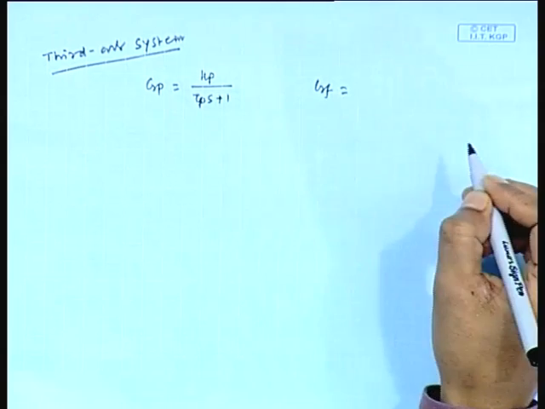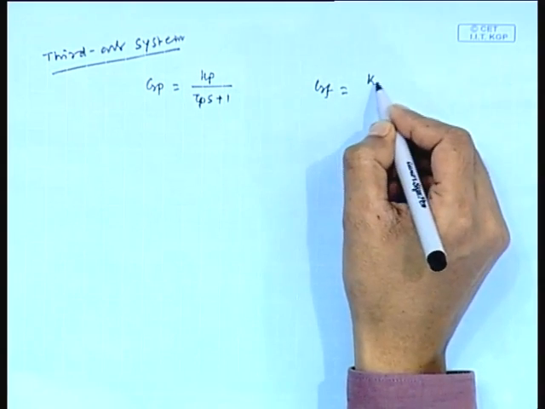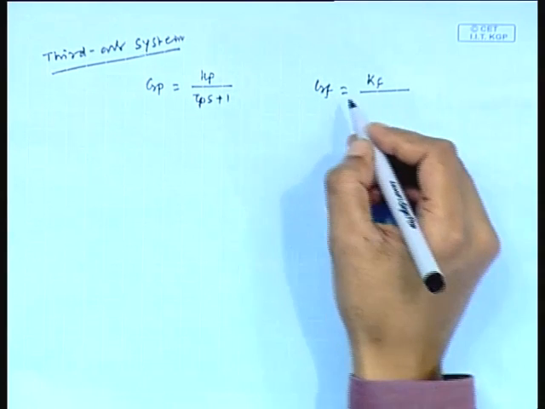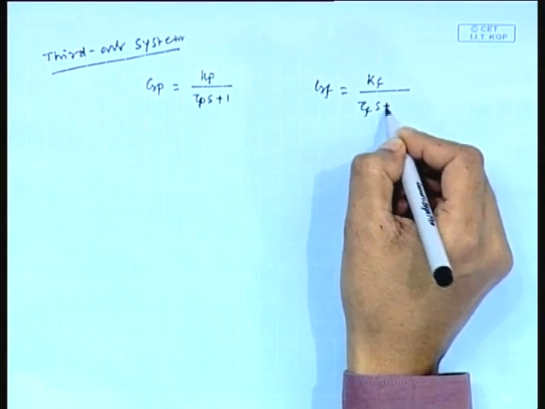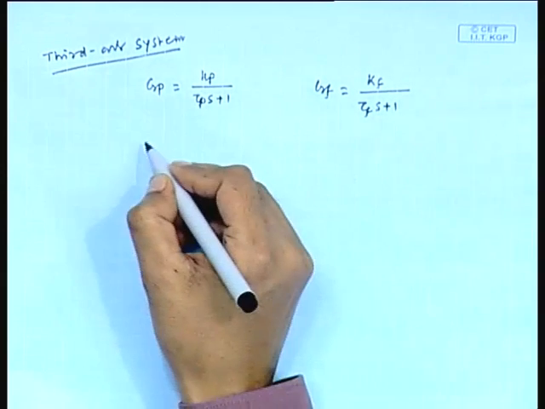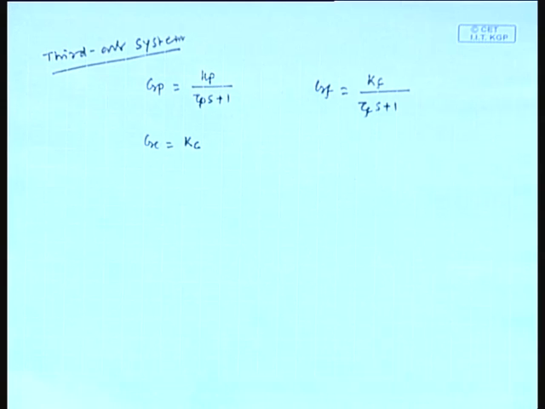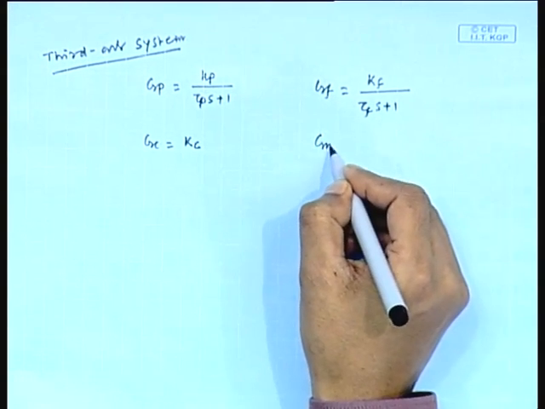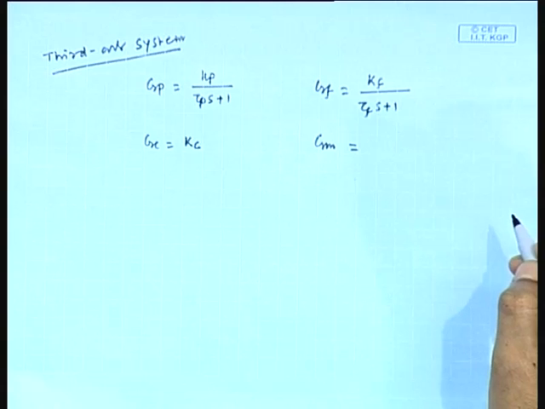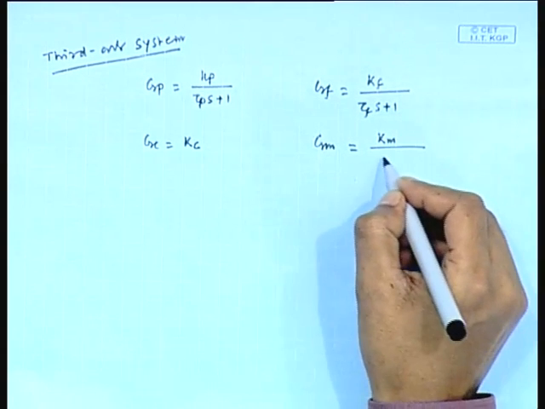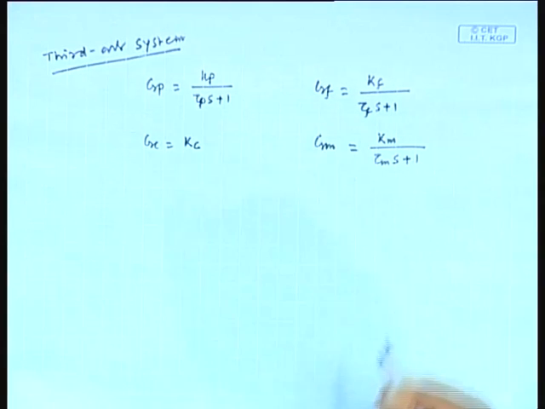The transfer function for the final control element is considered as Kf divided by tau F s plus 1. The controller is a P only controller, and the transfer function for the measuring device is considered as Km divided by tau M s plus 1. These are the 4 individual transfer functions.